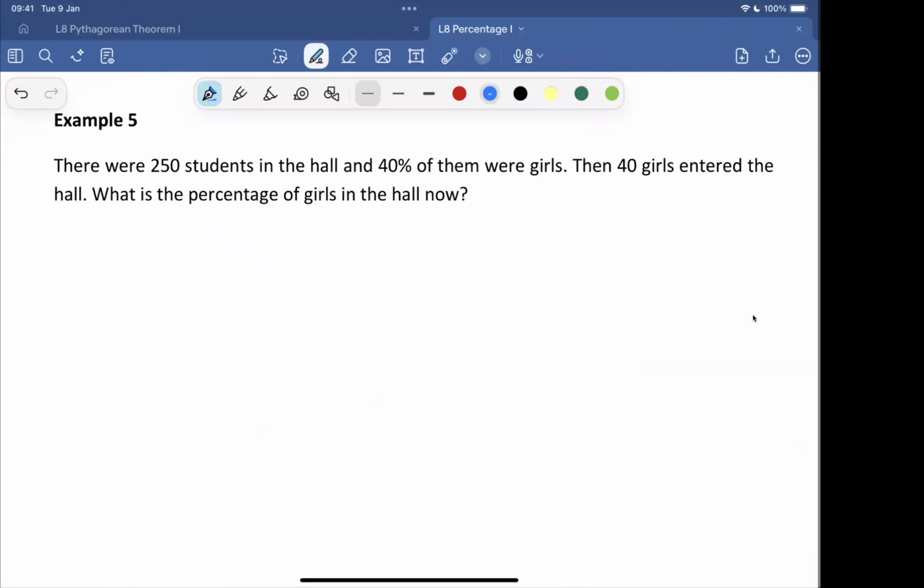There were 250 students in the hall. 40% of them were girls. Then 40 girls entered the hall. What is the percentage of the girls now? So, can I ask Kartik? Hello, Kartik. So, Kartik, let me ask you, what is one whole?